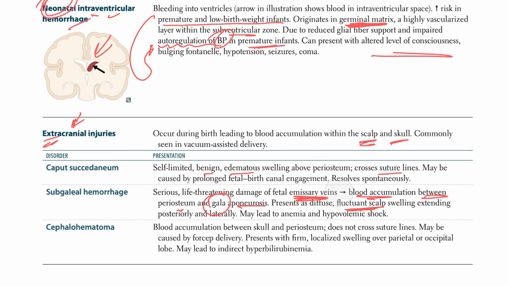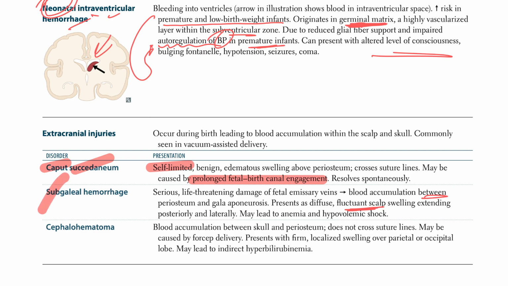So again, let's just recall the whole thing. Caput succedaneum is self-limiting. It happens with prolonged fetal engagement in the birth canal, so the fetus stays in the birth canal for a longer period of time.